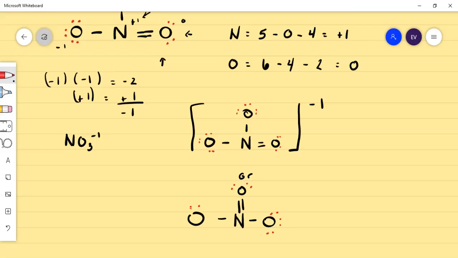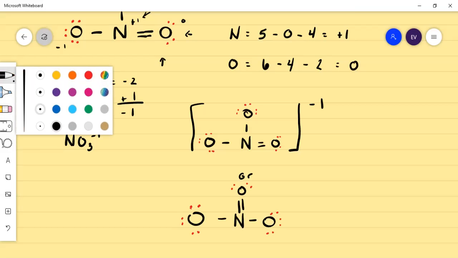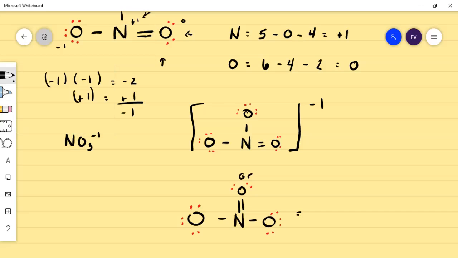So when you're doing a Lewis model and I ask you to give me all the resonance structures, this is what they would be. And there's one more resonance structure, which has the double bond over here.